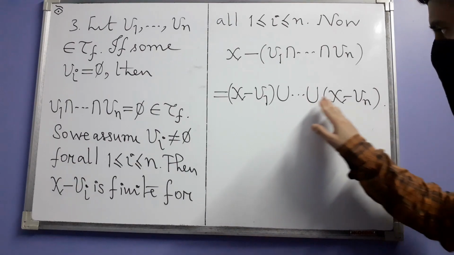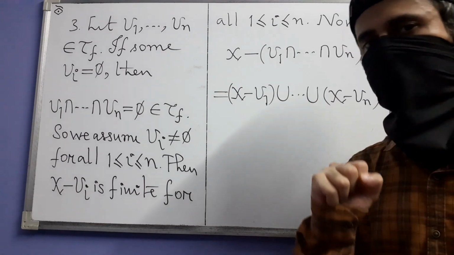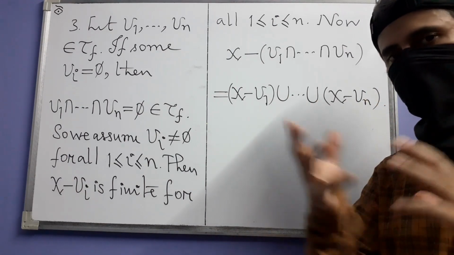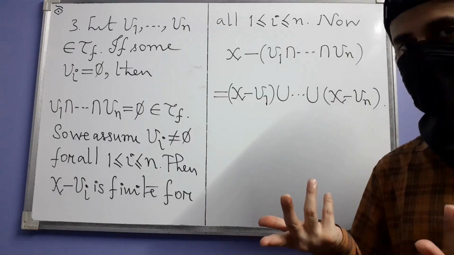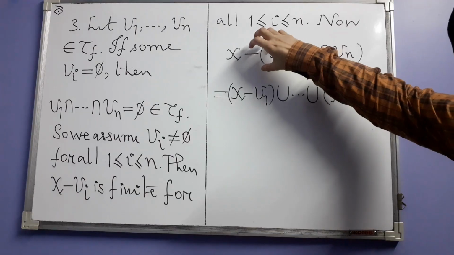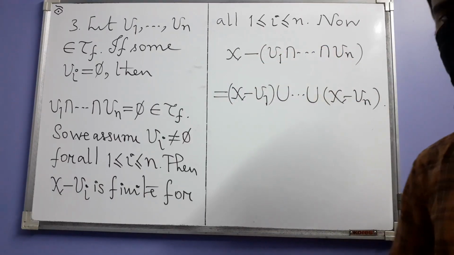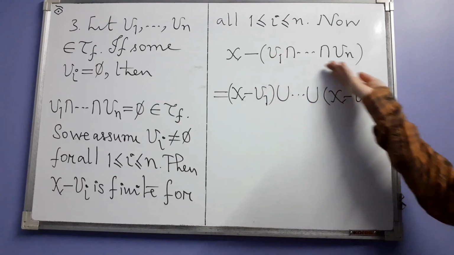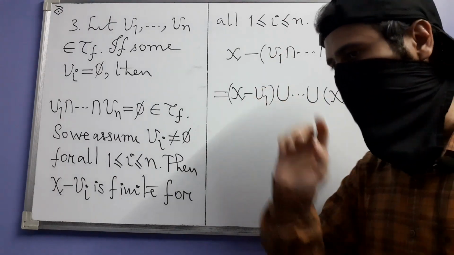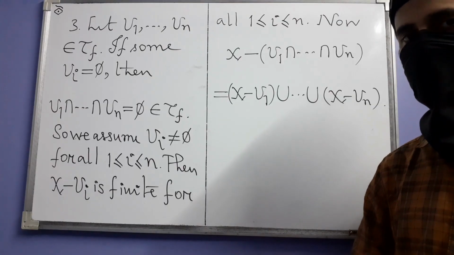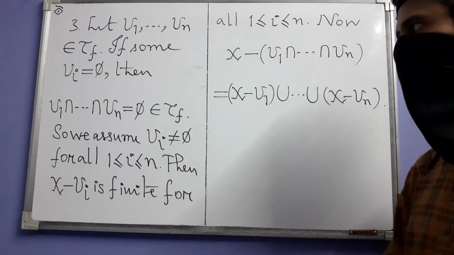Now these complements are all finite sets and there are finitely many of them. So if you take their union, you are again going to get a finite set. So the complement of this set is finite. So by the definition of tau f, in this case also this intersection will be an element of tau f. So that is how tau f is a legitimate topology on X.